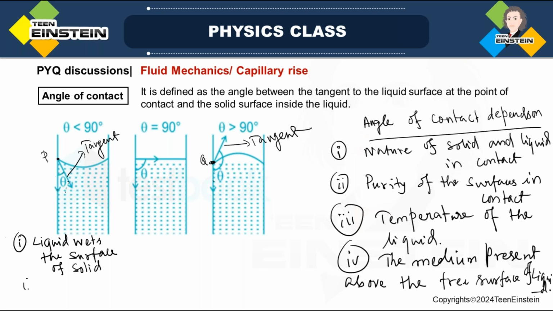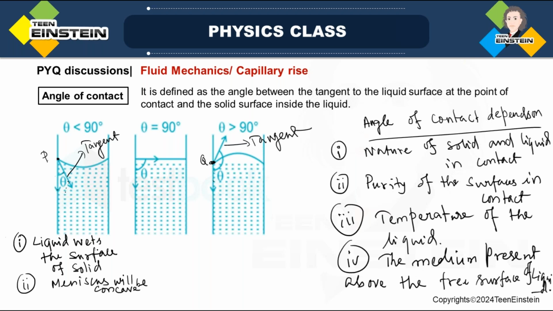And the second point is that the meniscus will be concave, as we see in case of glass and water.